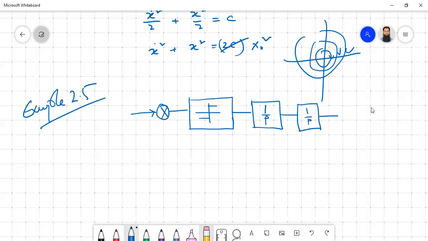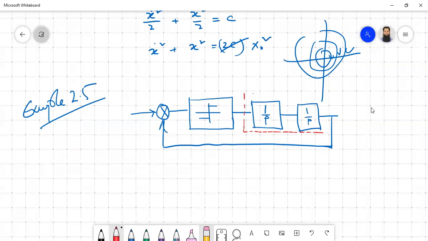Okay, so this is an oversimplified representation of your satellite, a simple satellite model.